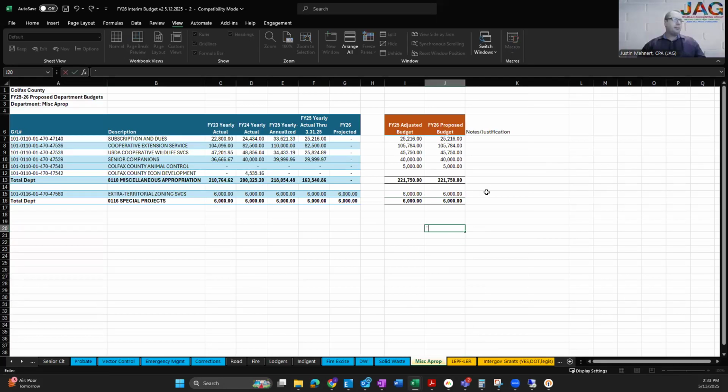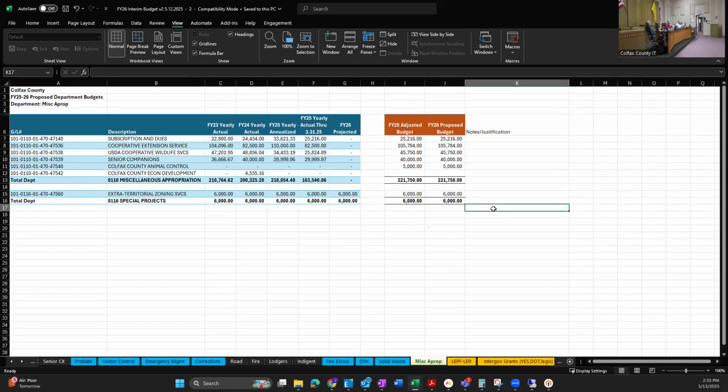I'll look at the grant agreement, and if it's a different amount, we can tweak some of the numbers. I think Aaron said USDA's request was up, whether or not we grant it. I could actually look and see what the USDA grant was.